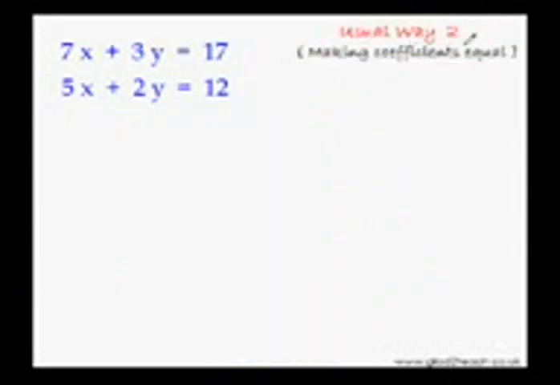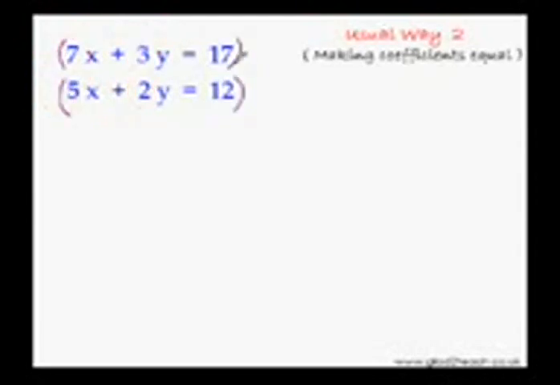Now the second usual way, as you know, is elimination by making the coefficients equal. Basically, we would make one out of these two pairs of coefficients equal so that we can cancel them out. I'll prefer this one, as 3 and 2 are smaller numbers as compared to 7 and 5. So just multiply this coefficient with this other equation completely and multiply this coefficient with this equation completely.